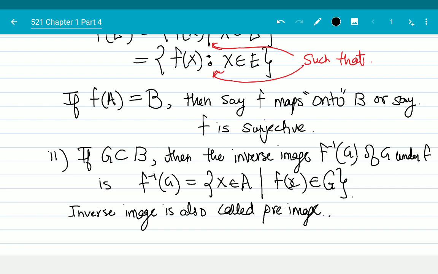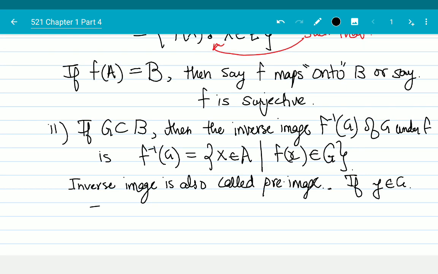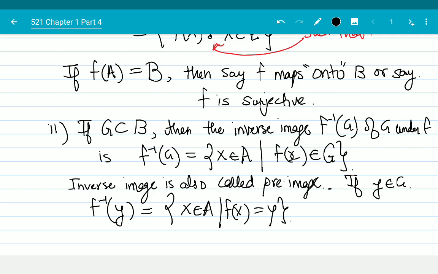And if Y belongs to G, we define F inverse of Y to be all the elements X in A such that F of X is equal to Y, which is basically F inverse of the singleton set Y.